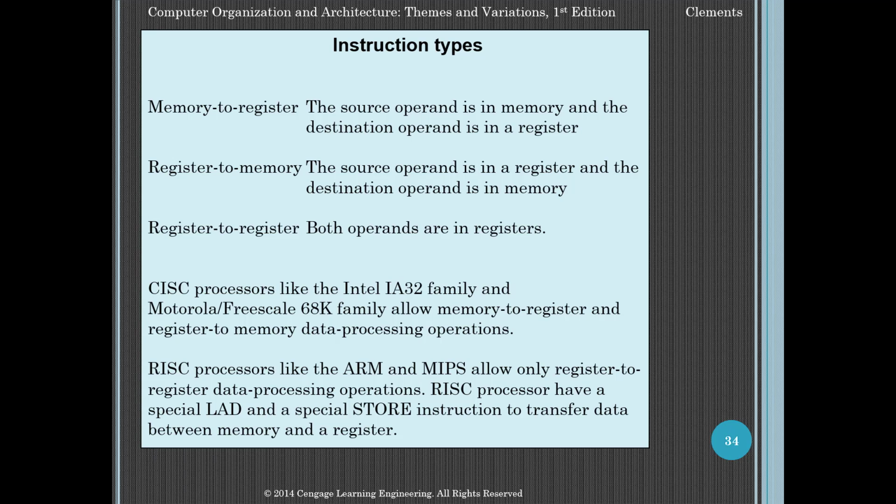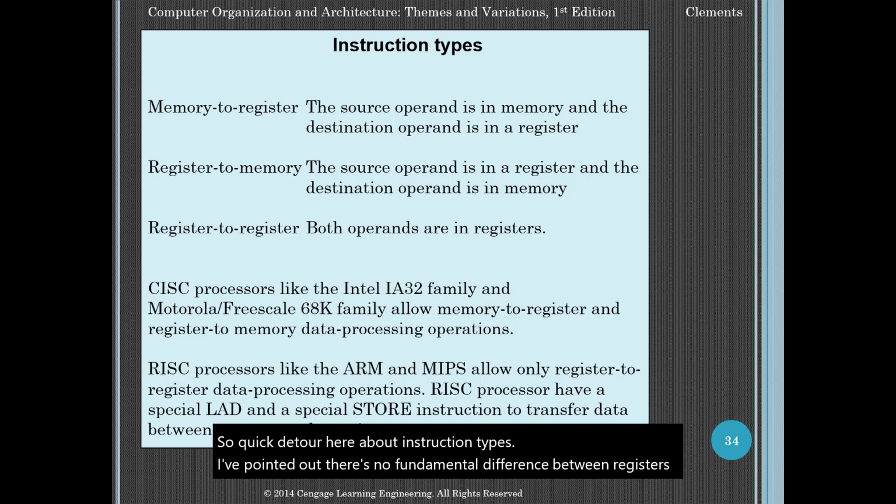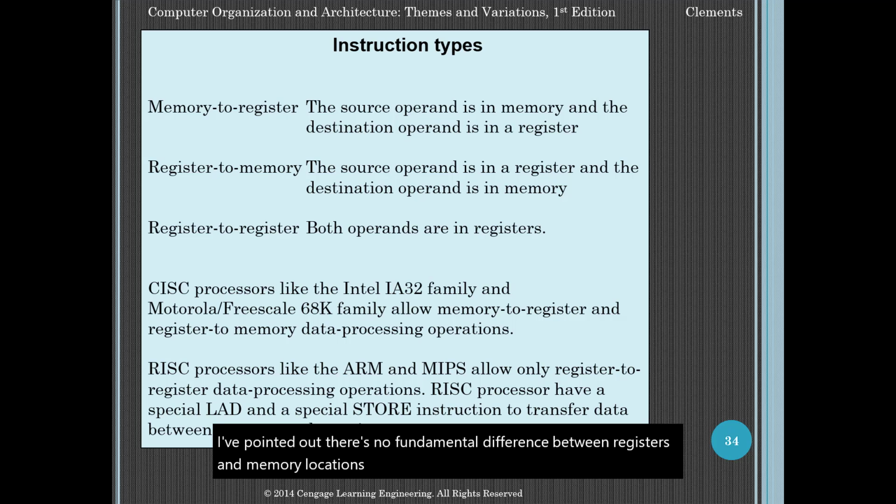So, quick detour here about instruction types. I've pointed out there's no fundamental difference between registers and memory locations, right? Registers are memory locations that operate on the CPU, but fundamentally, they're not really that different.